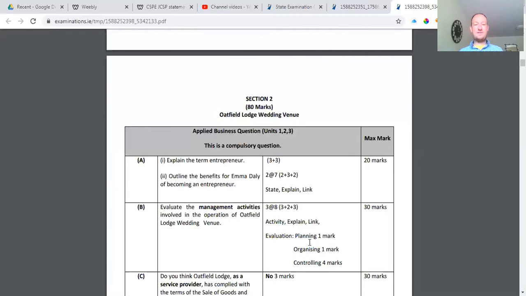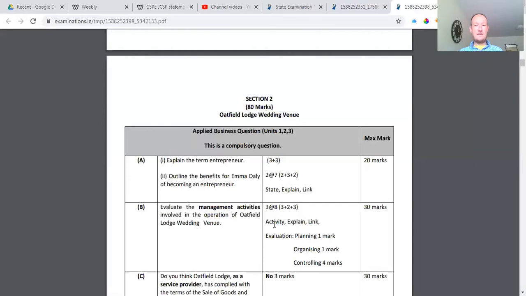If they're asking you to evaluate the management activities involved in the operation of Oakfield Lodge wedding venue, you would say, I think that their management activities worked well because I thought organization was important, because I thought planning was important for this local wedding venue, because I think that planning and controlling is important from the financial point of view. Don't forget having resources there, stock for the wedding. But anyway, you need to be thinking along those lines.